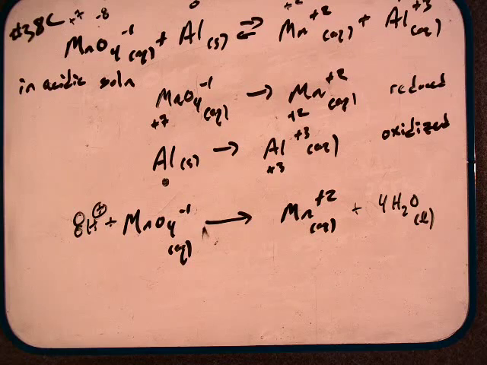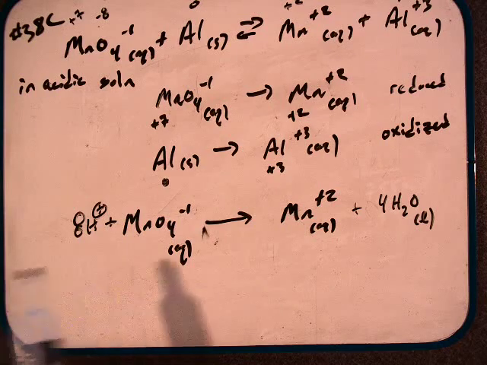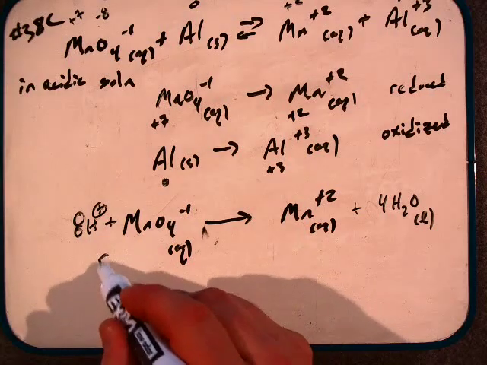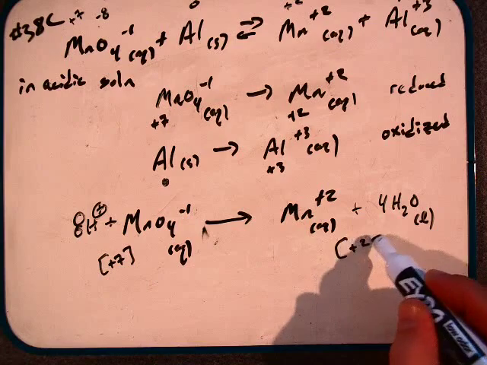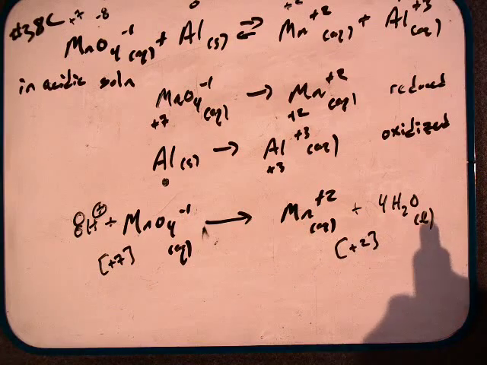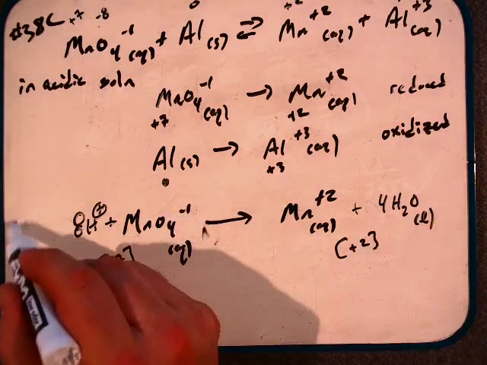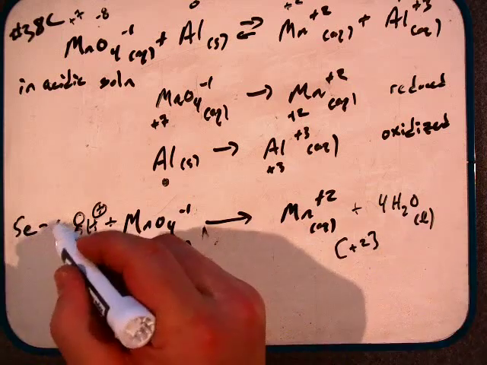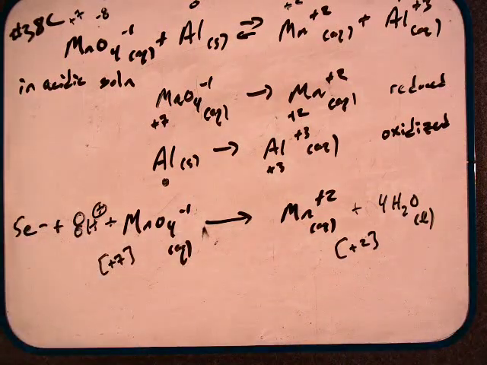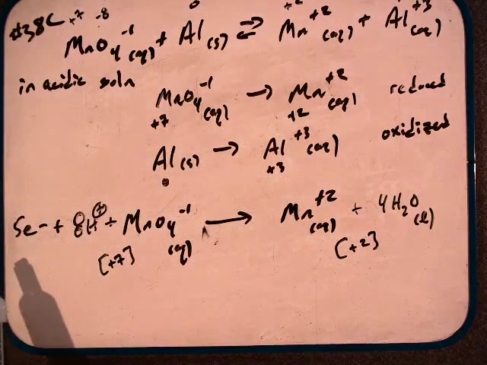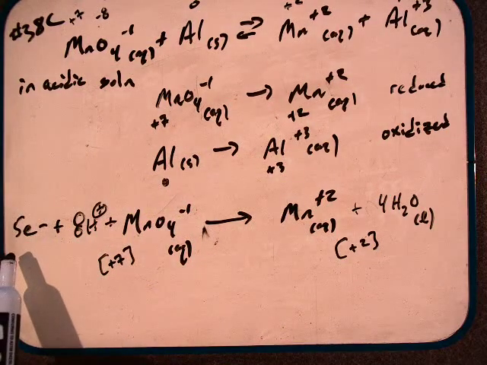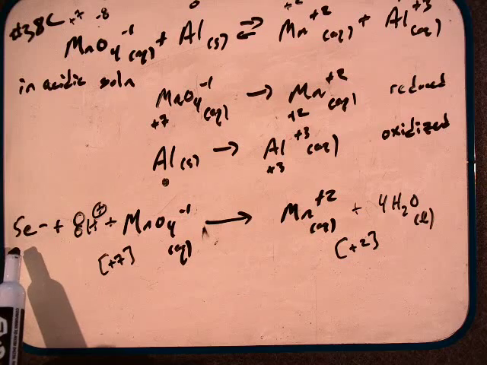We need to balance out our charge. We have a total charge here of +7. We have a total charge here of +2. And so that means we have to add 5 electrons to the starting material side. The manganese is being reduced, so we should expect those electrons to be there, since for the reduction, the manganese is accepting those electrons.